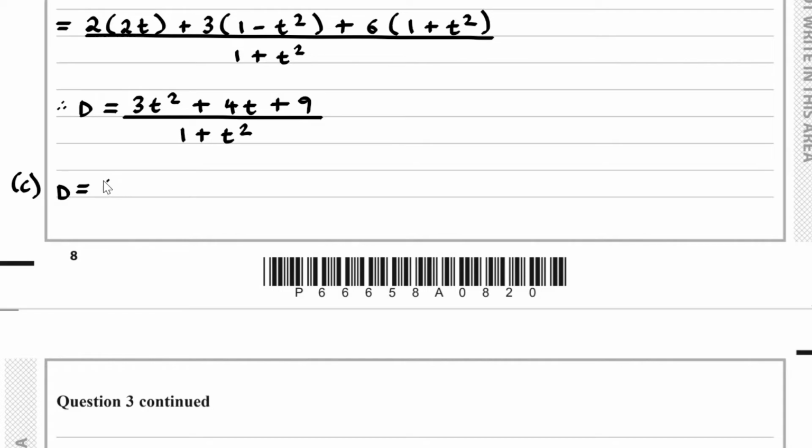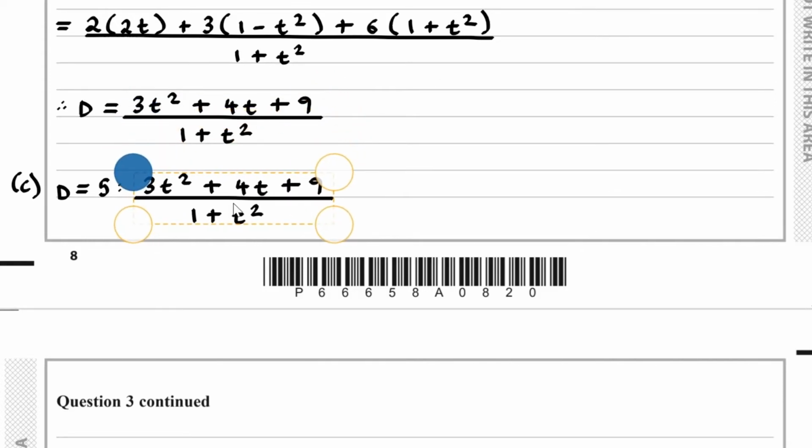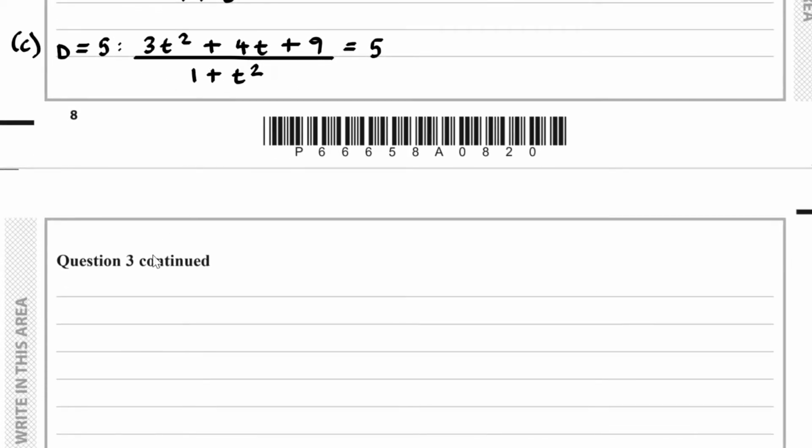And if I set d equal to 5, we have 3t squared plus 4t plus 9 over 1 plus t squared equaling 5. And if I multiply through by 1 plus t squared, we have 3t squared plus 4t plus 9 equals 5 plus 5t squared.